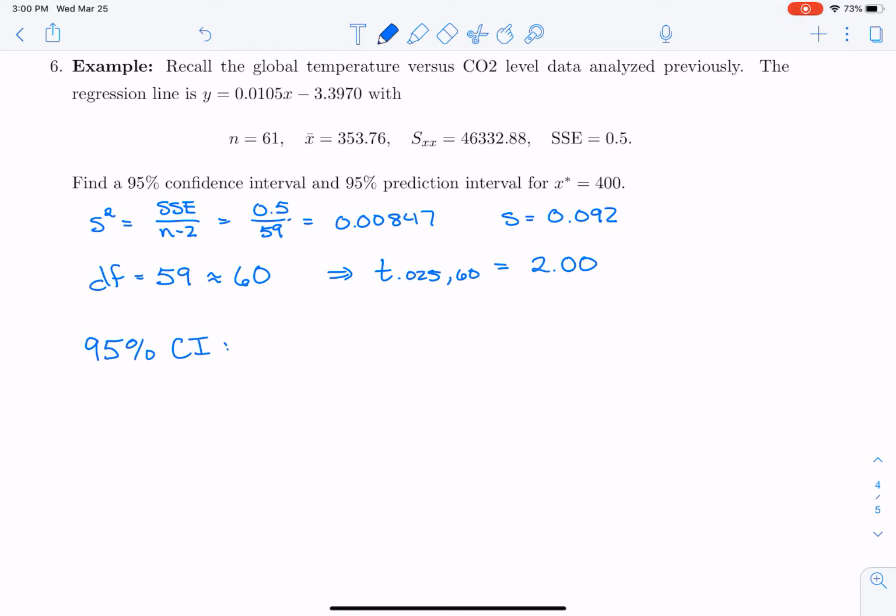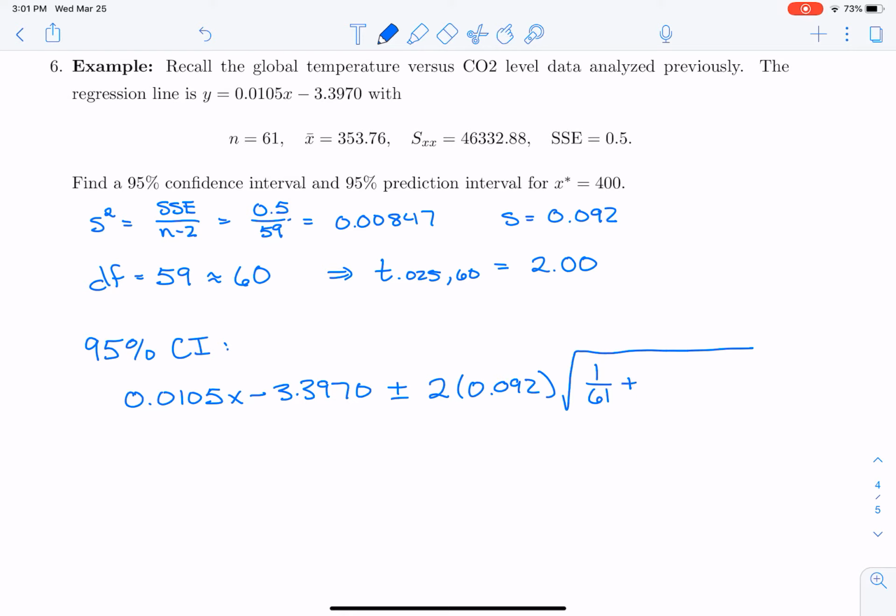So to do that, I'm going to put in the regression line, 0.0105 x minus 3.3970, plus or minus the t value 2 times s, 0.092, times the square root of 1 over n, which is 1 over 61, plus x star minus 353.76, that's x bar, squared, divided by s sub xx, that's 46,332.88.